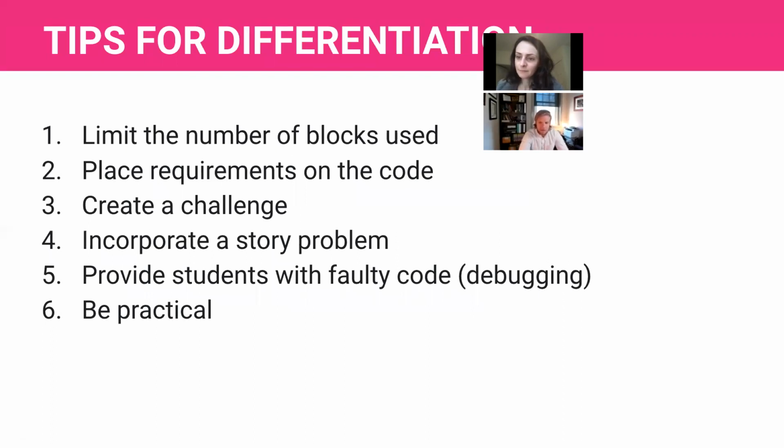And so ways that we can do this is by limiting the number of blocks used. We can place requirements on a piece of code. We can create a challenge for them. We could also incorporate it into a story problem if you think of math, where students are able to actually apply concepts to a story problem. You can do the same thing in coding.